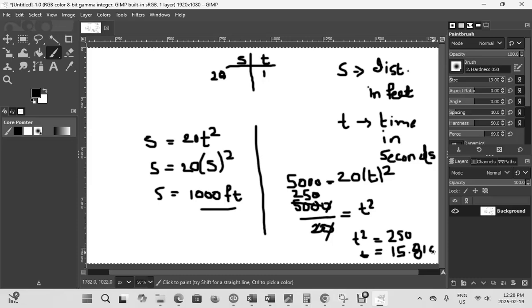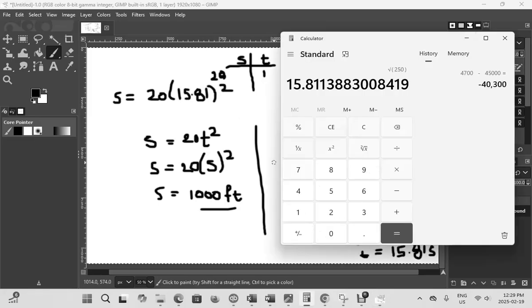15.81 seconds. You can double check your solution by substituting 15.81 for T. S, distance in feet, equals 20 times 15.81 squared. 15.81 squared is 250, and 250 times 20 is 5,000.